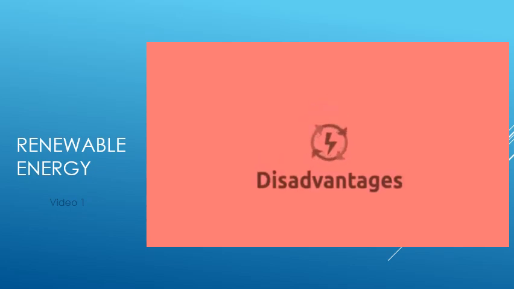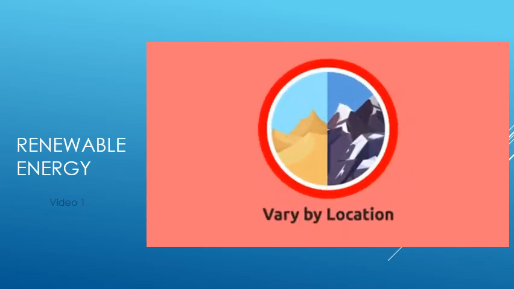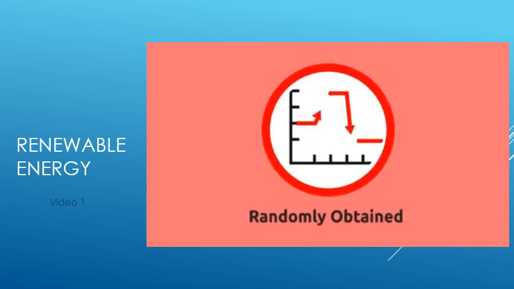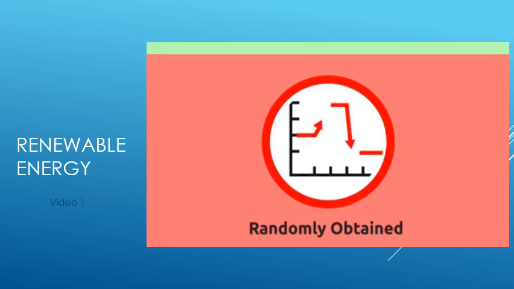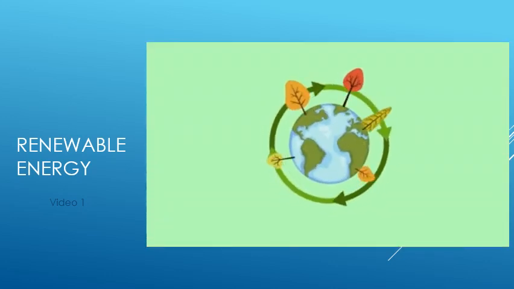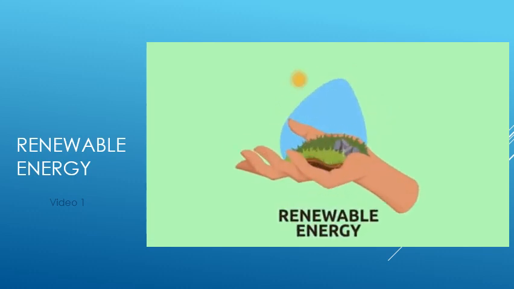Renewable energy resources are not found everywhere in the world. Countries with shorter daylight hours cannot produce as much solar energy as other parts of the world. Obtaining renewable energy can be random or variable because it depends on natural phenomena that we cannot always predict, for example, the amount of rainfall. To reach the world energy objectives and help take care of the environment, it's indispensable to accelerate the transition to renewable energies.